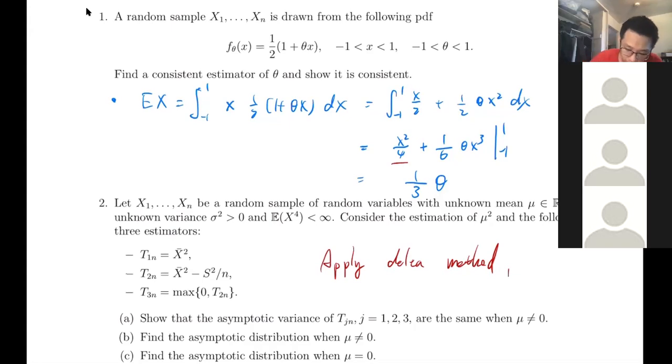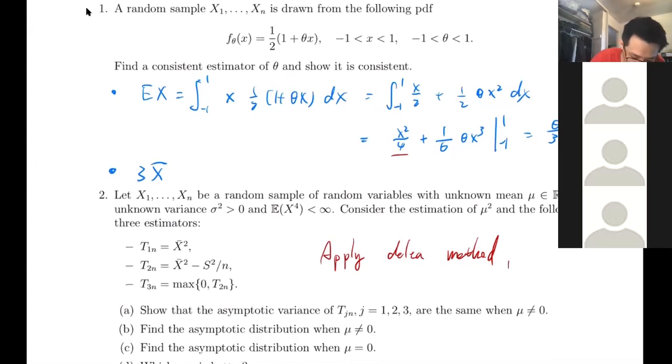Oh, yeah. So that means the expectation of S is theta over 3, which is 3 times S bar.